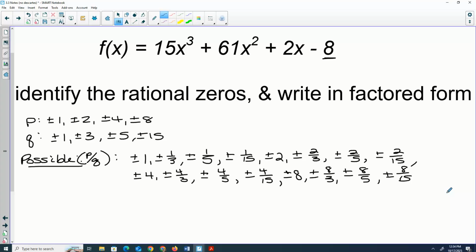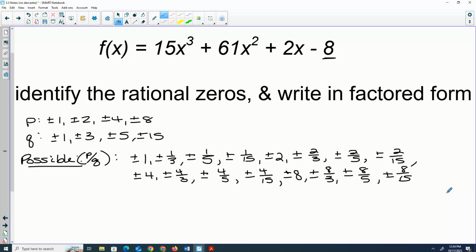If it were me, just trying to save myself some time, I try to save fractions for last, just because it's a little bit harder to work with those. So I try my integer values first. Also, looking at this problem, I have something plus something plus something. I'm only subtracting 8 off the end.